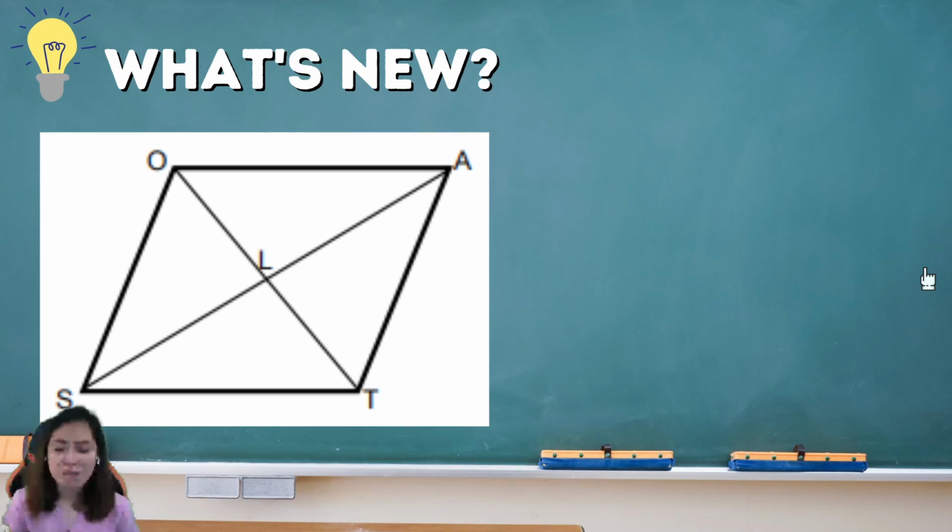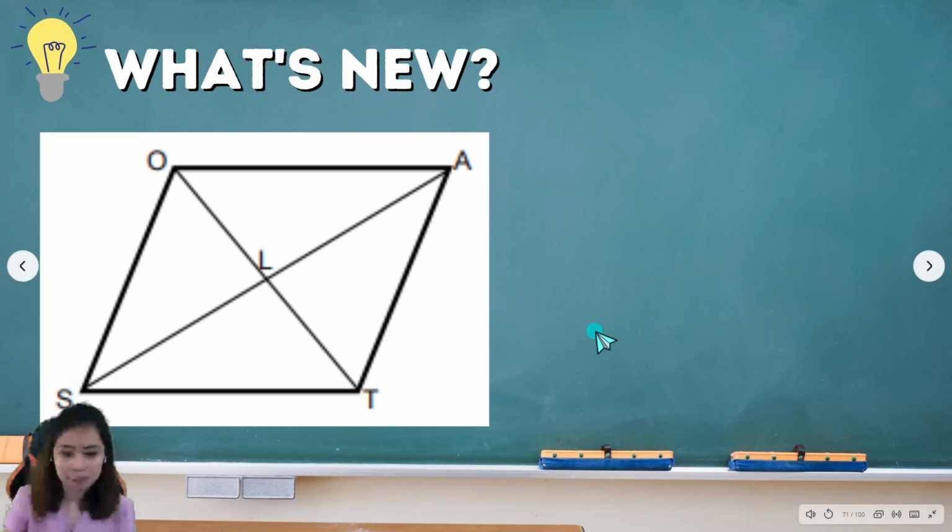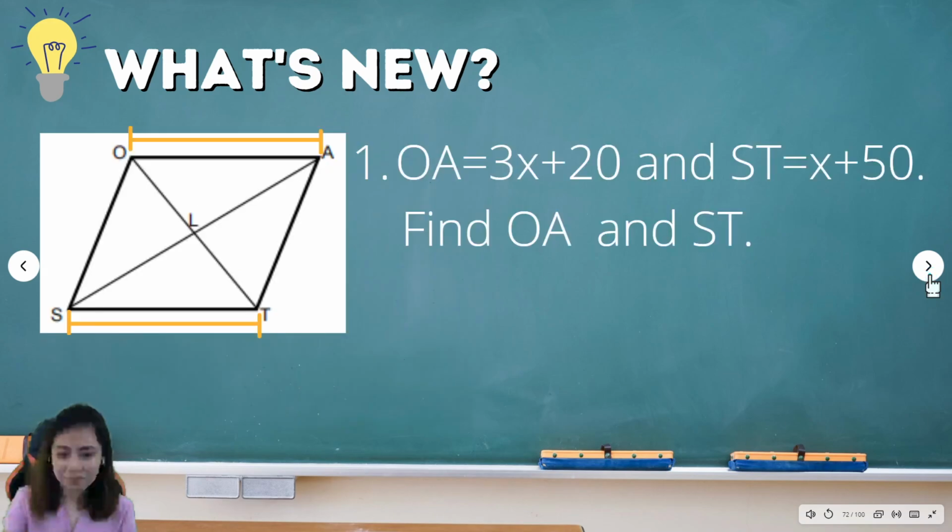Always remember that in solving for the missing parts of a parallelogram, you have to identify first the relationship of the given to the missing part. Let's have here parallelogram SOAT with diagonals intersecting at point L. Number 1.